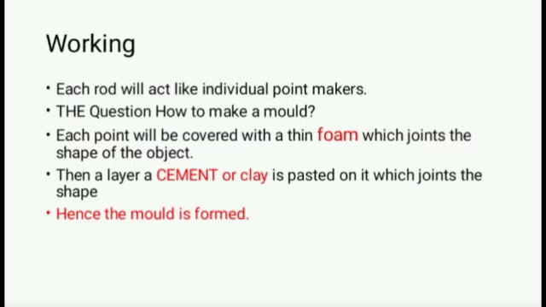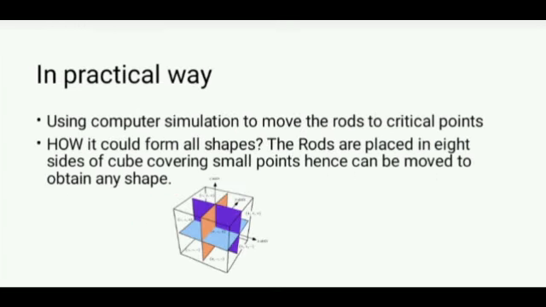Some may ask whether this could only apply to blow molding or injection molding. If you want to make an injection molding product or a blow molding product, the cavity can be made bigger. Using computer simulations we can move the rods one by one, and then we can cover it with a sheet.